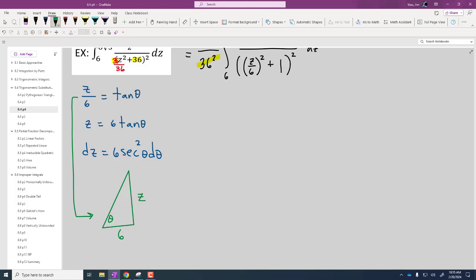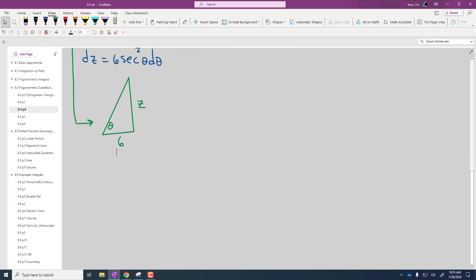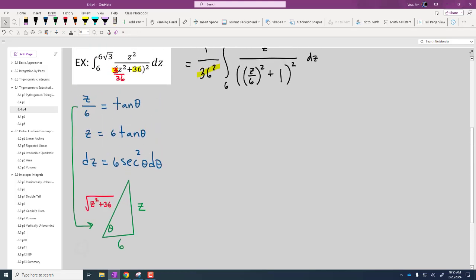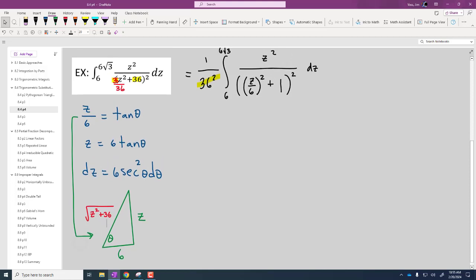Always build that triangle as if it's in quadrant 1. Your substitution step is going to give you 2 of the sides. That makes the hypotenuse here the square root of z squared plus 36. Order does not matter when you're adding. So that would be our missing side. Okay. So now we're ready for the substitution.